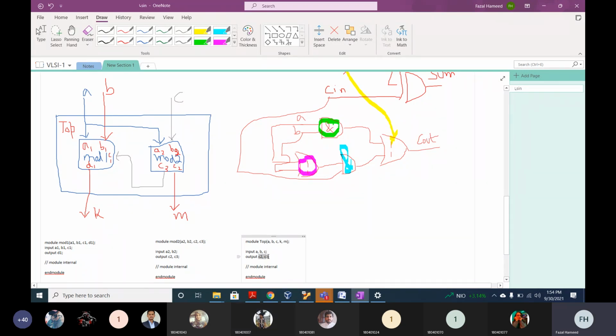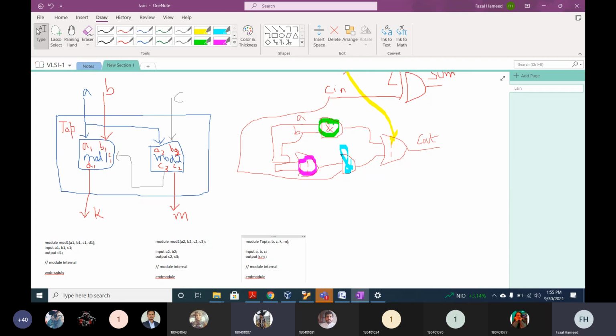K and M. And then there are also some internal signals. Apart from A, B, C, K and M, there is some internal signal. Can you see the internal signal? This is one internal signal, the output from C3 and the input to C1. Am I right or not?